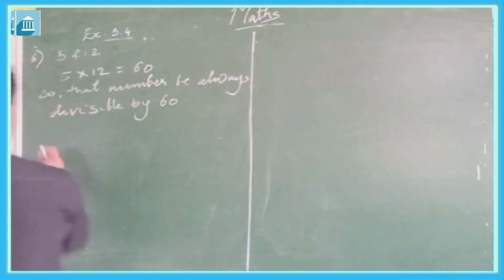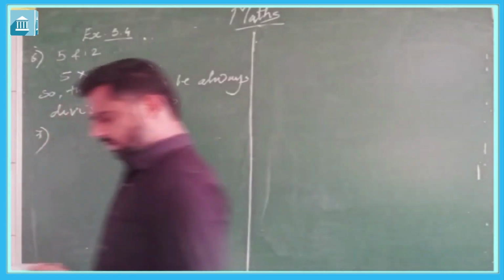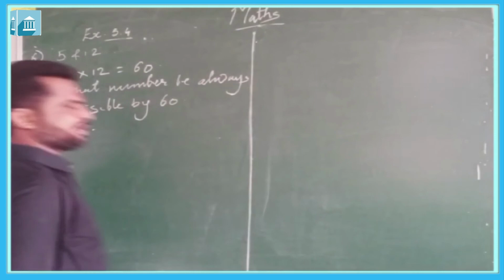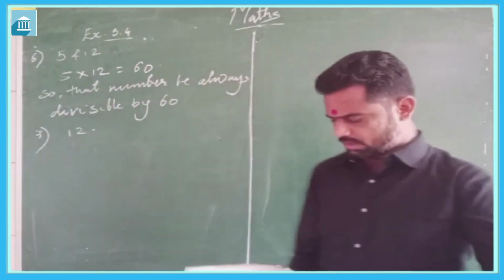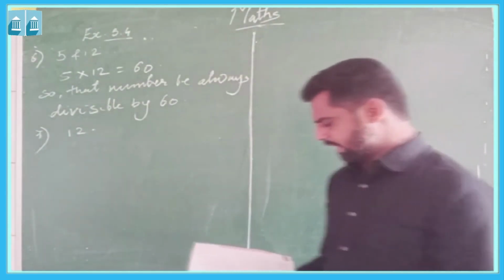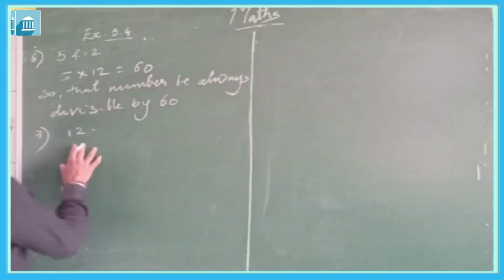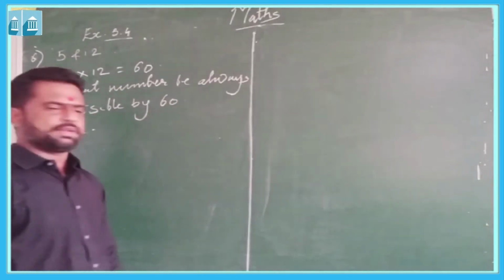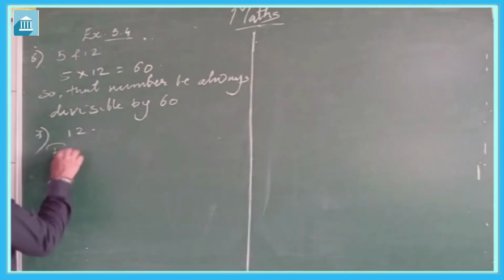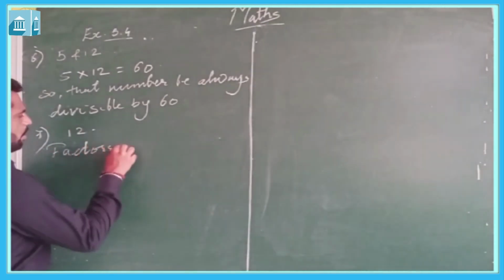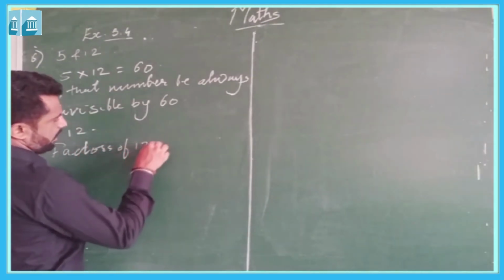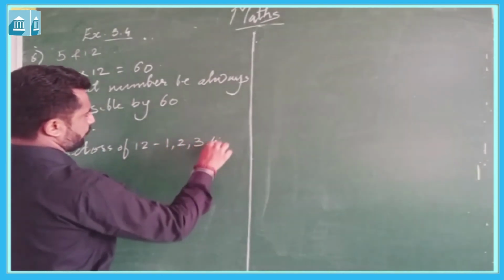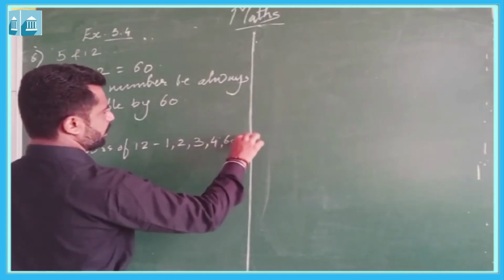Now see question number 7. A number is divisible by 12. By what other numbers will the number be divisible? To find this out, we need to find the factors of 12, that are 1, 2, 3, 4, 6 and 12.